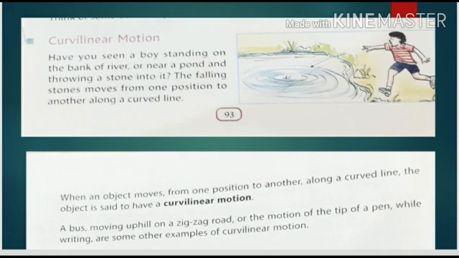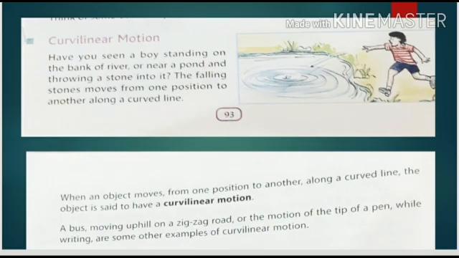Think about when you are writing something on a page, the movement of the tip of your pen, or a bus moving uphill on a zigzag road. All such types of motion are considered to be curvilinear motion because an object changes its position on a curved path.